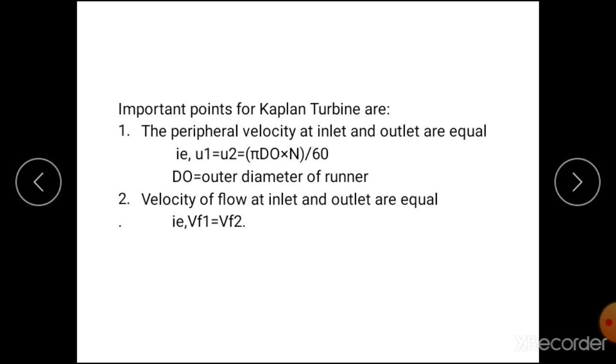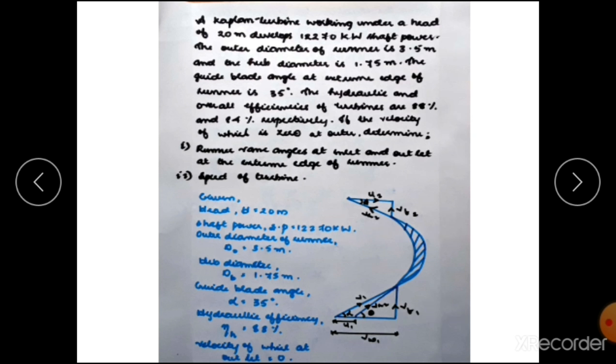Now I am moving to the problem, and the problem is: a Kaplan turbine working under a head of 20 meter develops 12,270 kilowatt shaft power. The outer diameter of the runner is 3.5 meter and the hub diameter is 1.75 meter.